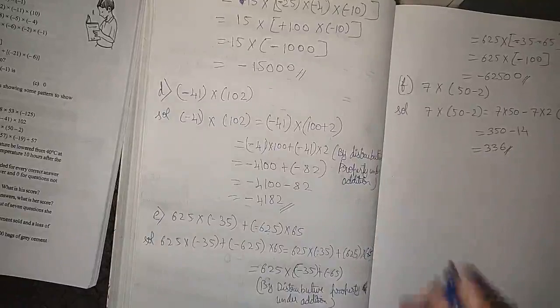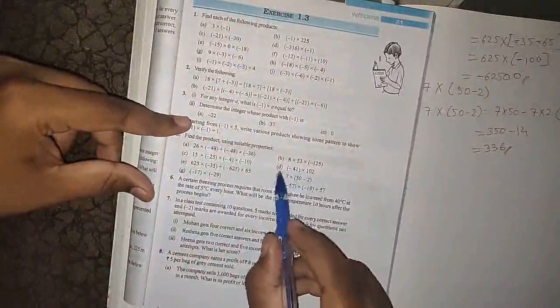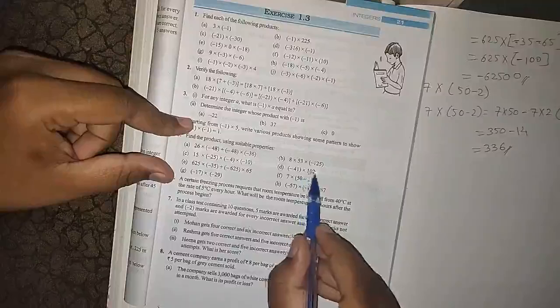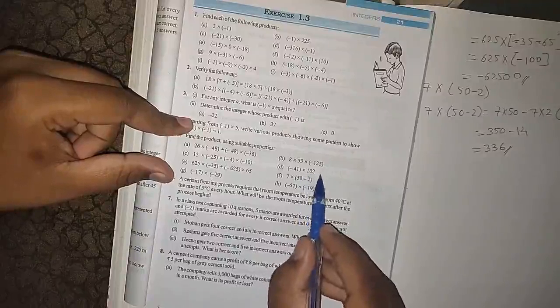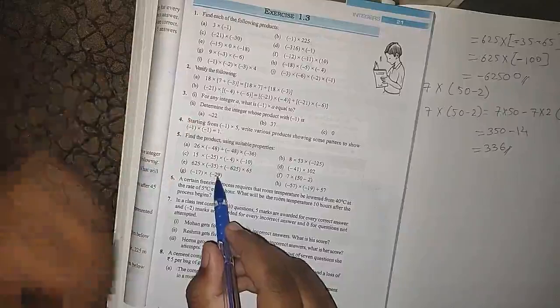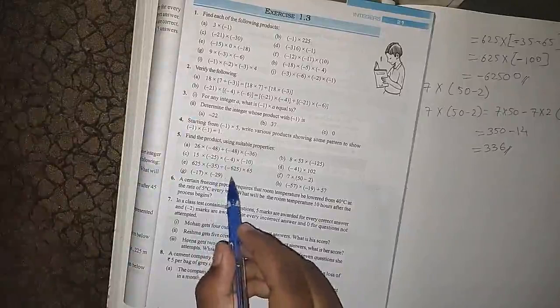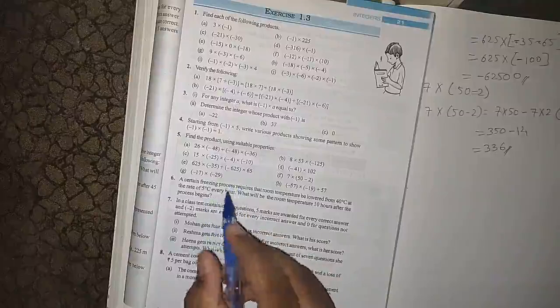So see, the G question is similar to your D question. Here you write 102 as 100 plus 2. Here you write minus 29 as minus 30 plus 1, and then you solve using the distributive property.